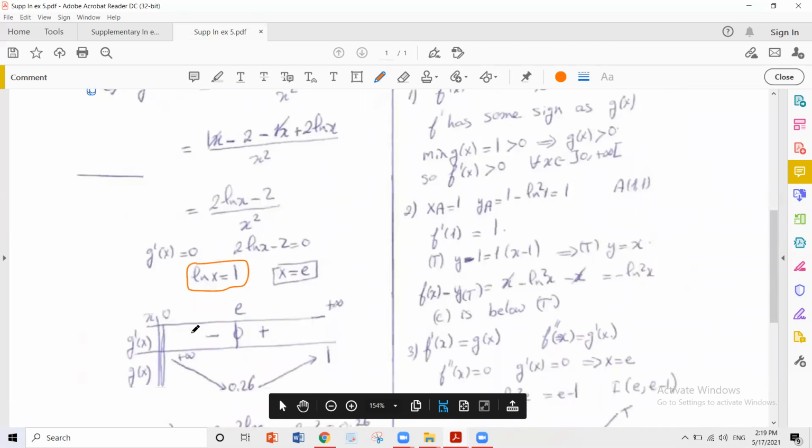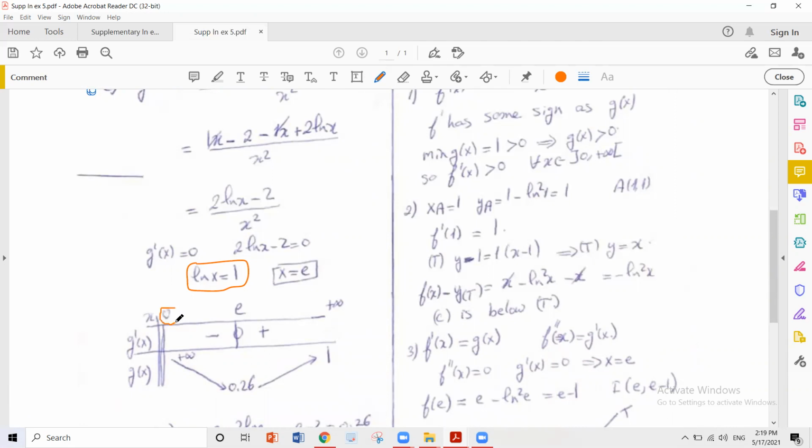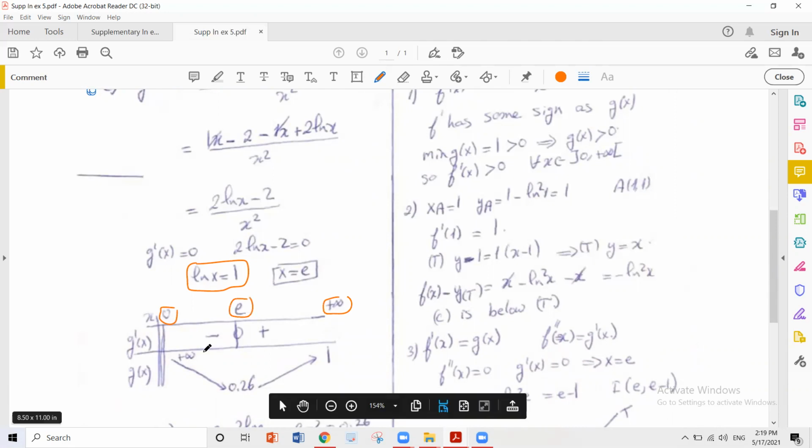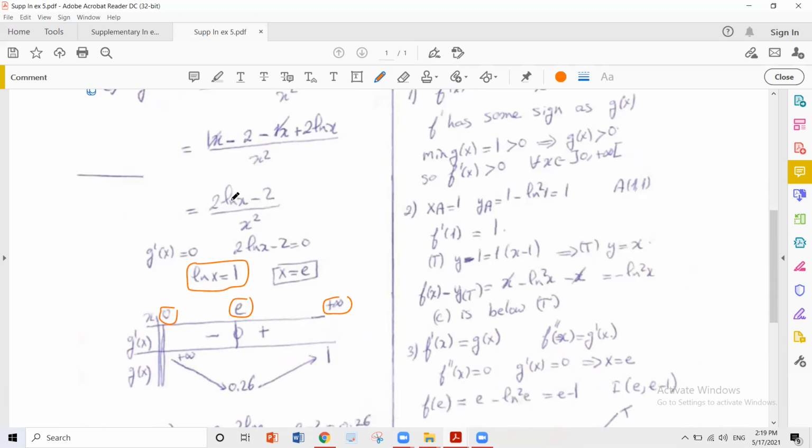Table of variations. We put the domain 0 plus infinity. This is the domain of definition. We put the value of x, which is e, g prime, and g. To know the sign between 0 and e, we take the number 1 and replace it in the derivative: 2 ln 1 is 0, minus 2 is negative.